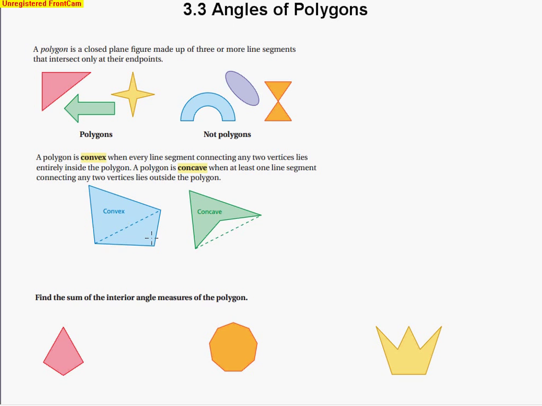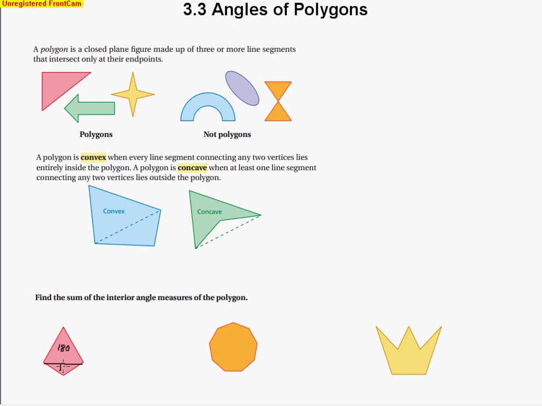Typically we're going to be dealing with these convex polygons, but we do have one in which we have to find the sum of the interior angles. And it works this way. If you can take a line segment and draw it inside the polygon, for instance this one here, and make triangles, you can find out how many angles there are, because we know from last section that the interior angles of a triangle make 180 degrees.